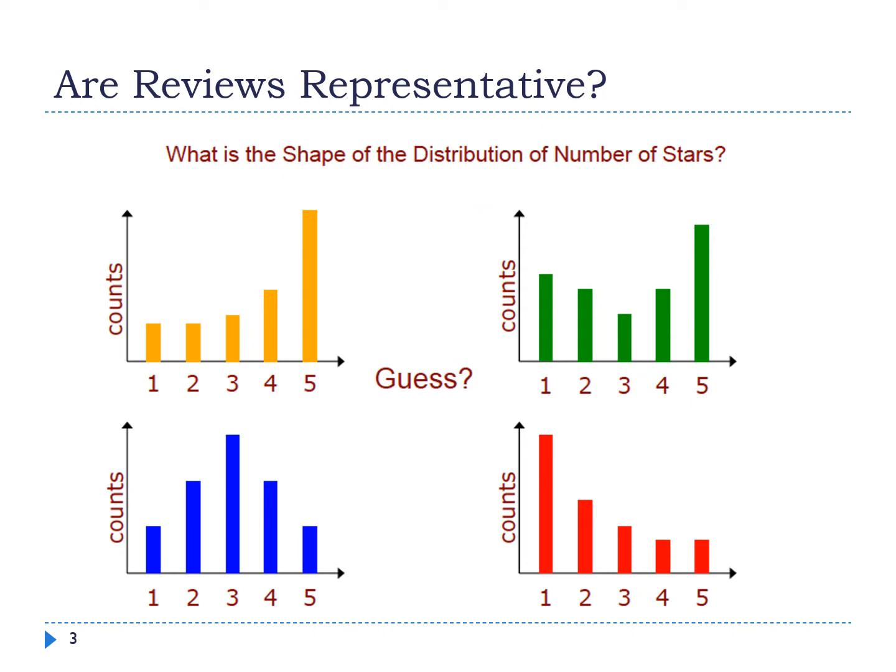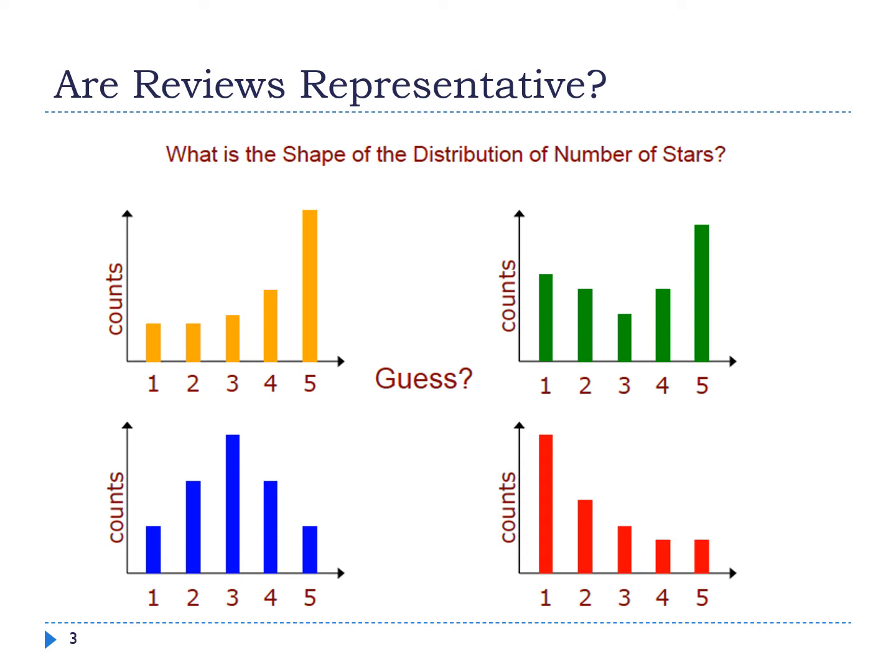Okay, the second question for us to think about is product reviews. Are the reviews we see on the social networking sites representative? Do you really trust customer reviews on Amazon, eBay, or other e-commerce websites? Usually, these e-commerce companies will use 5-star review scale.